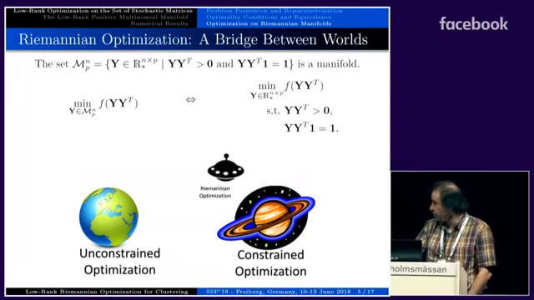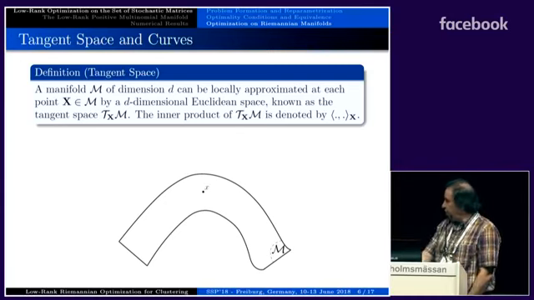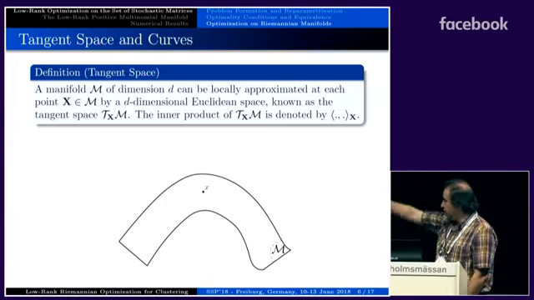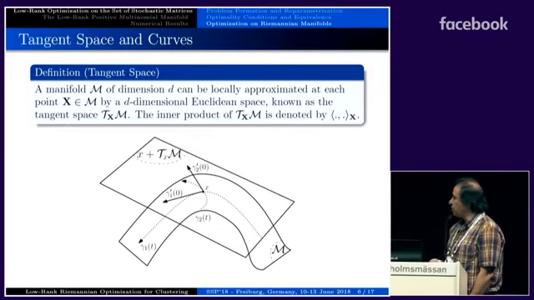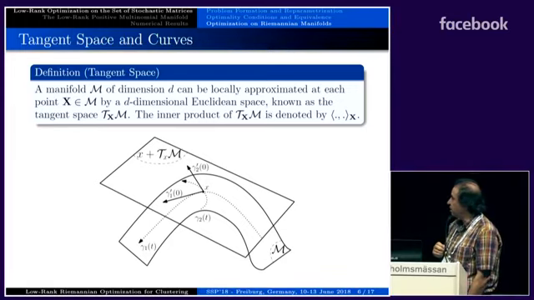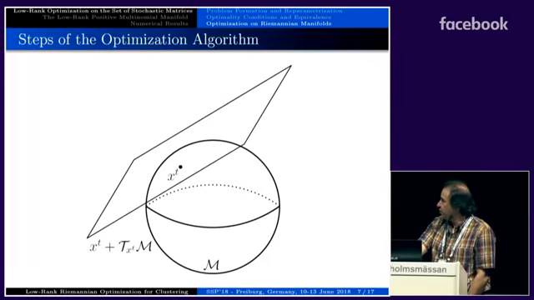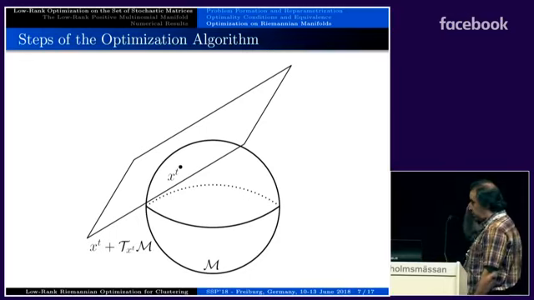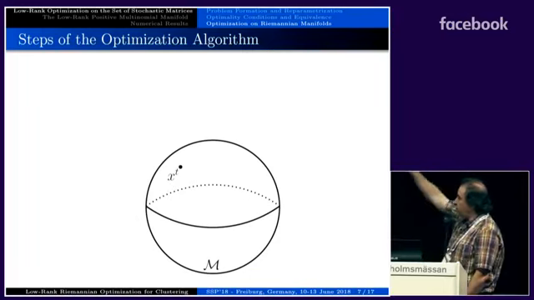So that's a manifold we want to optimize over. And if I look at a point on the manifold, manifolds typically have a metric associated with them, and one can also define the tangent space, which is just the collection of all tangent vectors at that point. For point x, we call that T sub x of the manifold M. And we saw this picture in the previous slide too. So how do you do optimization? Suppose I have some manifold M, and I want to optimize a function over it.